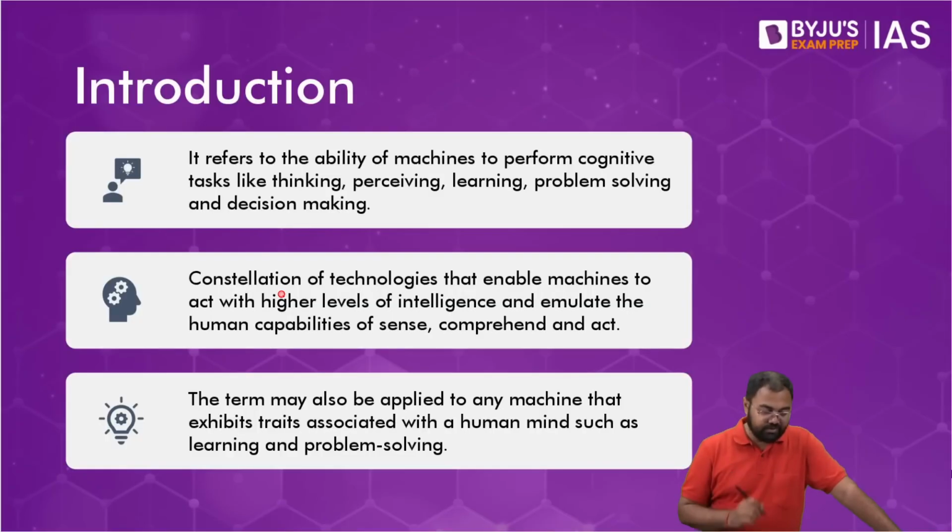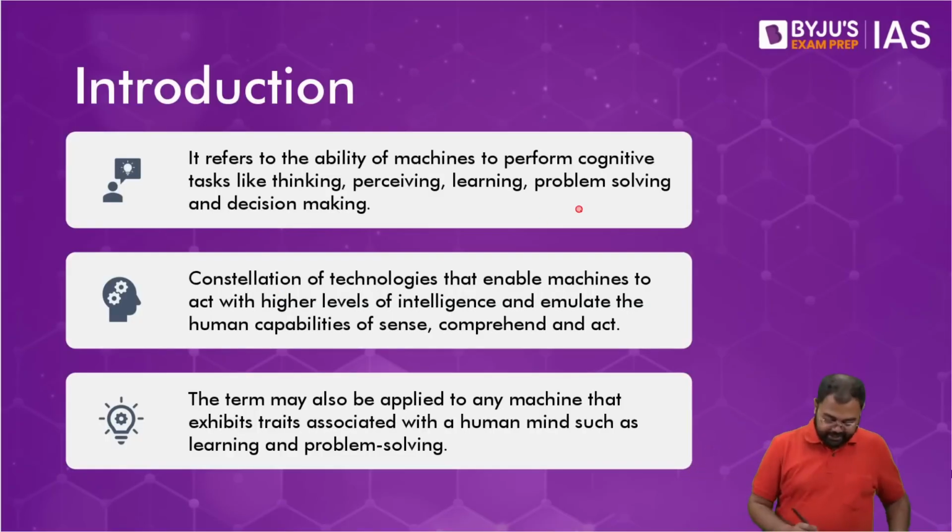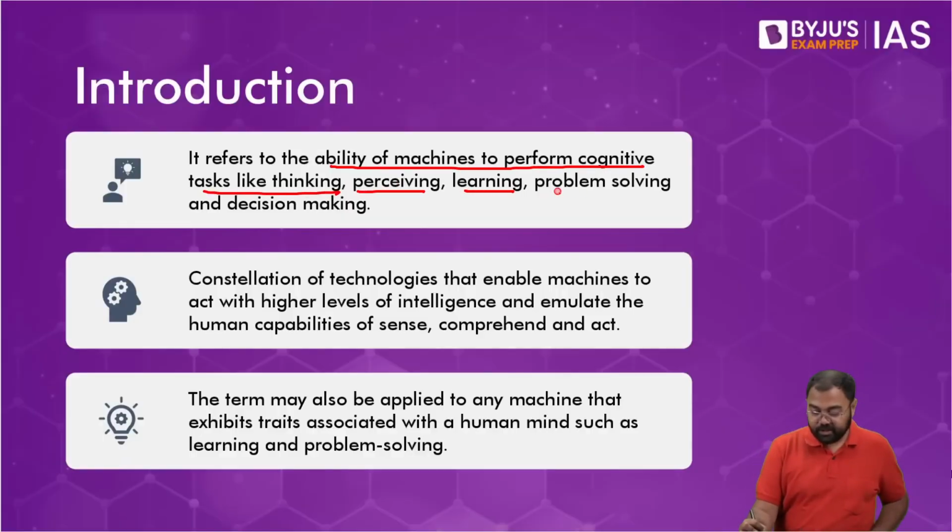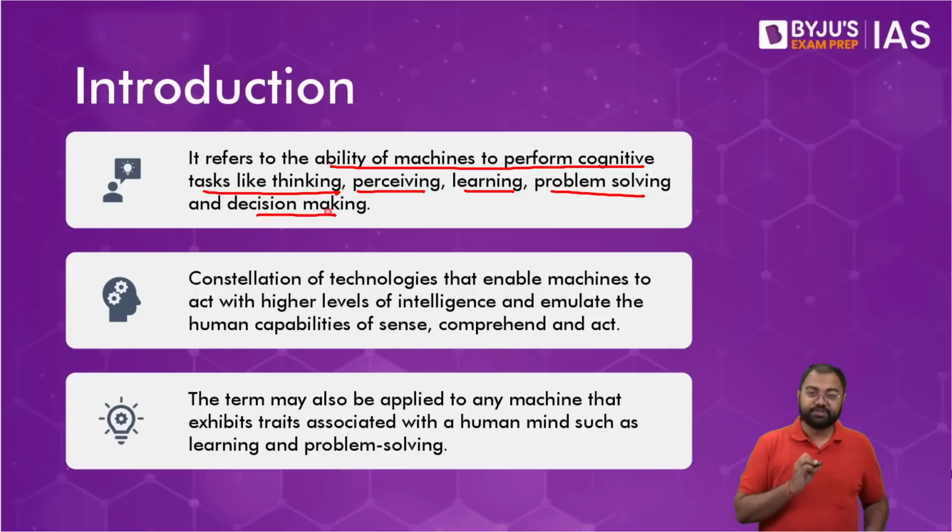That is where we see that artificial intelligence helps. So if you look at the definition, we are talking about an ability of machines to perform cognitive tasks like thinking, perceiving, learning, problem solving, and decision making.